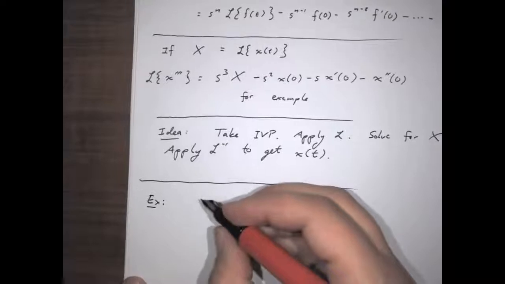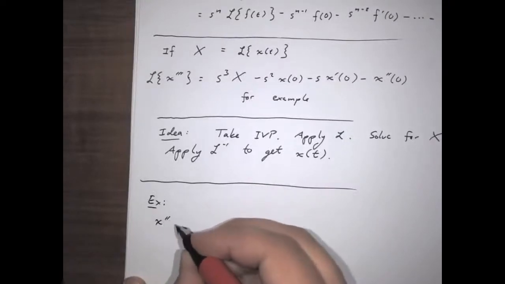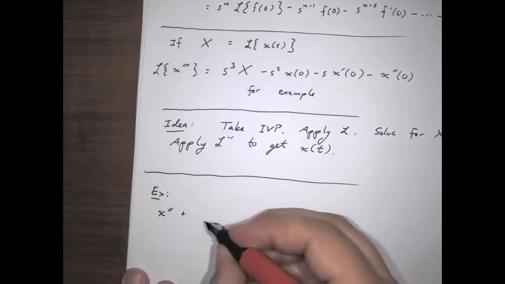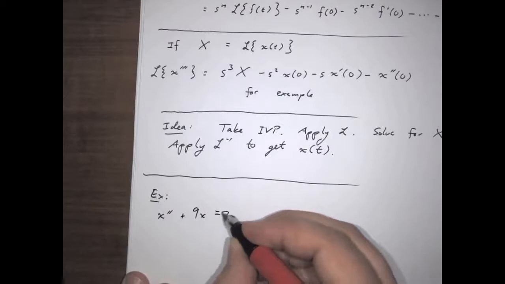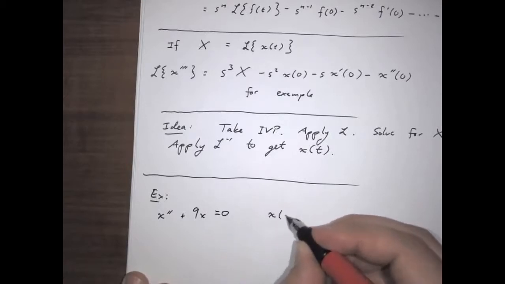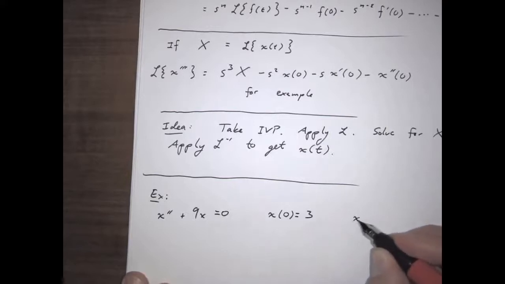As an example, let's take the initial value problem x double prime plus 9x equals 0, where x of 0 is going to equal 3, and x prime of 0 is going to equal 4.